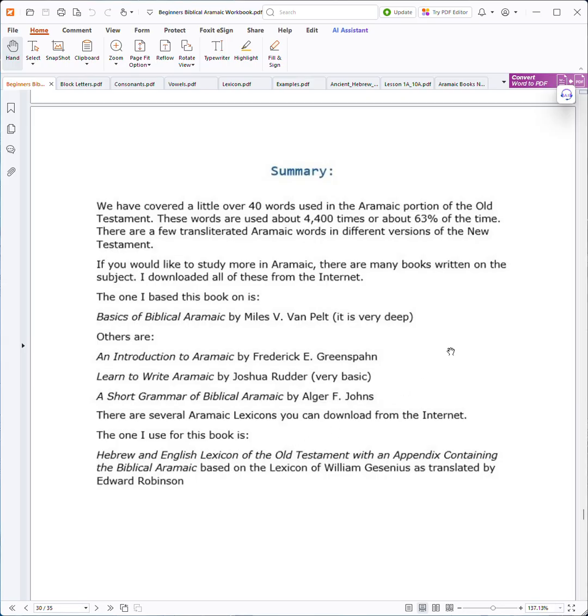There's also at least 4 translations of the Aramaic New Testament. You can get an Aramaic English New Testament. You can buy it or possibly download it online, and it has the New Testament in Aramaic.